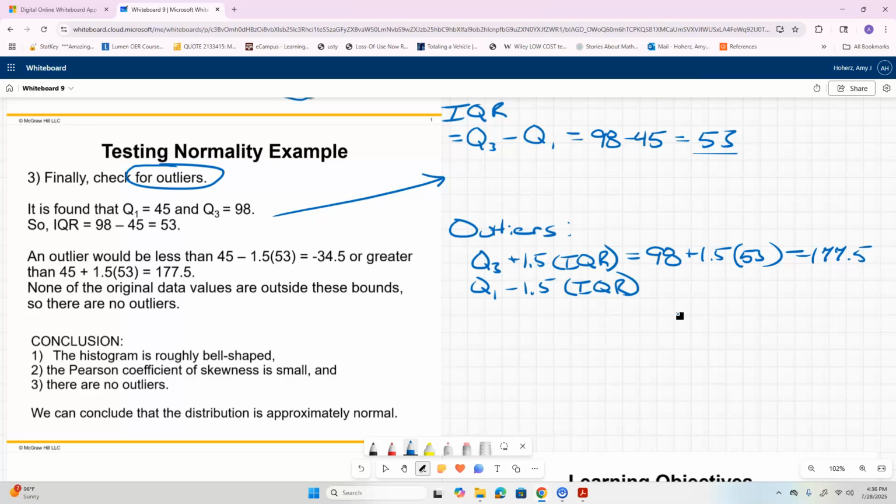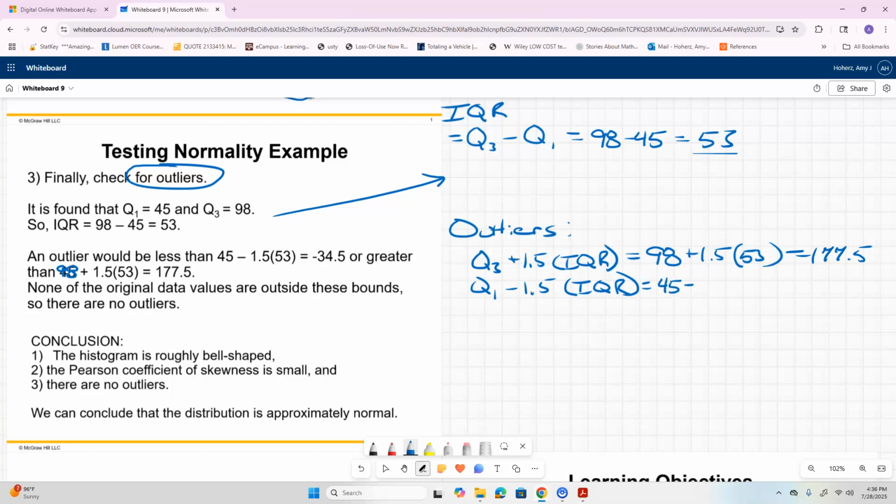I just noticed that this is filled in wrong. It's calculated correctly, but it's filled in wrong. This should be a 98 right here. I'm not sure if that's on your slide or if it's not, but it should be 98 plus 1.5 times 53. You get 177.5. And then we're going to do the same thing, but with the lower.